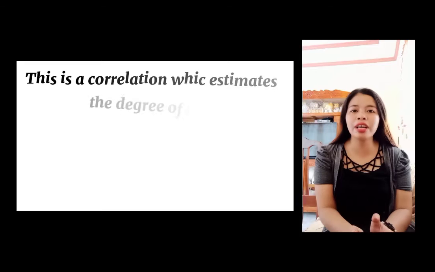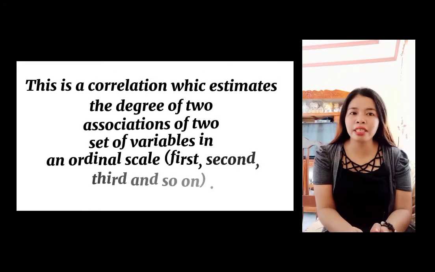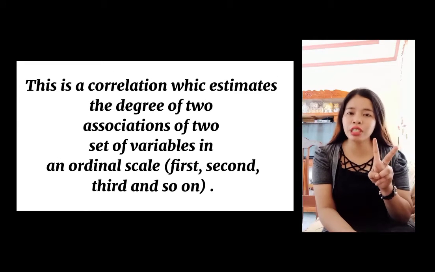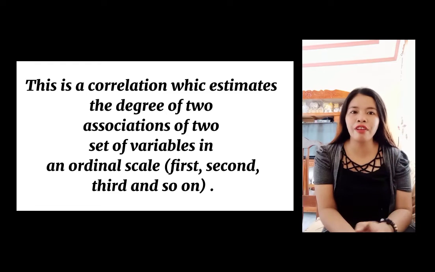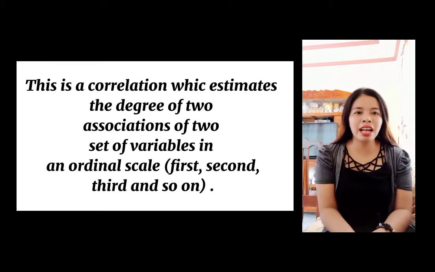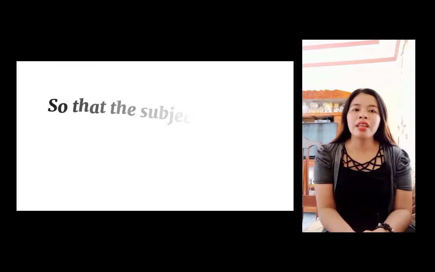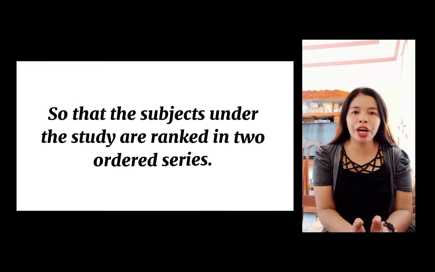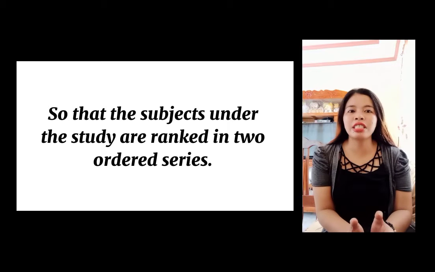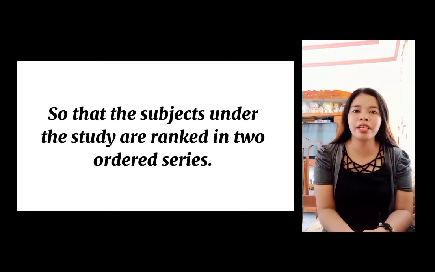So this is a correlation which estimates the degree of association of two sets of variables in an ordinal scale, or the first, second, third, and so on, so that the subjects or the data under study are ranked in two ordered series.